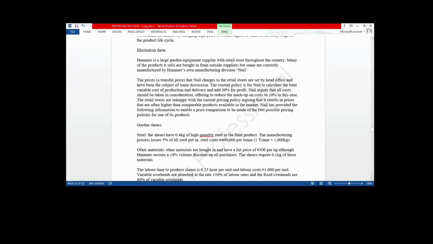The spare has 0.4 kilogram of high quality steel in the final product. The manufacturing process loses 5% of all steel put in. Steel costs 400,000 per ton. 1 ton is equal to 1,000 kilograms.